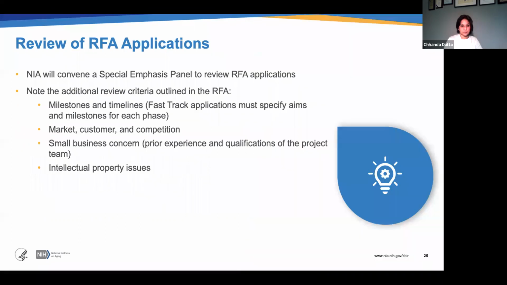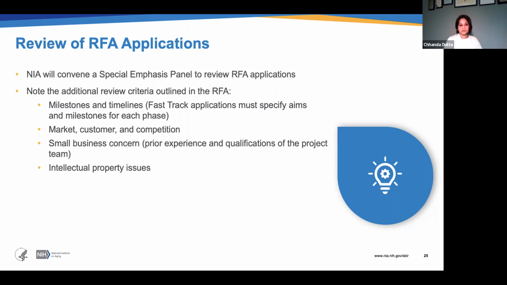Next slide, please. Review of RFA applications. The NIA is going to convene a special emphasis panel to review the applications submitted in response to this RFA. There are additional review criteria that are specified in the RFA, and we ask that you pay attention to those specific additional review criteria.